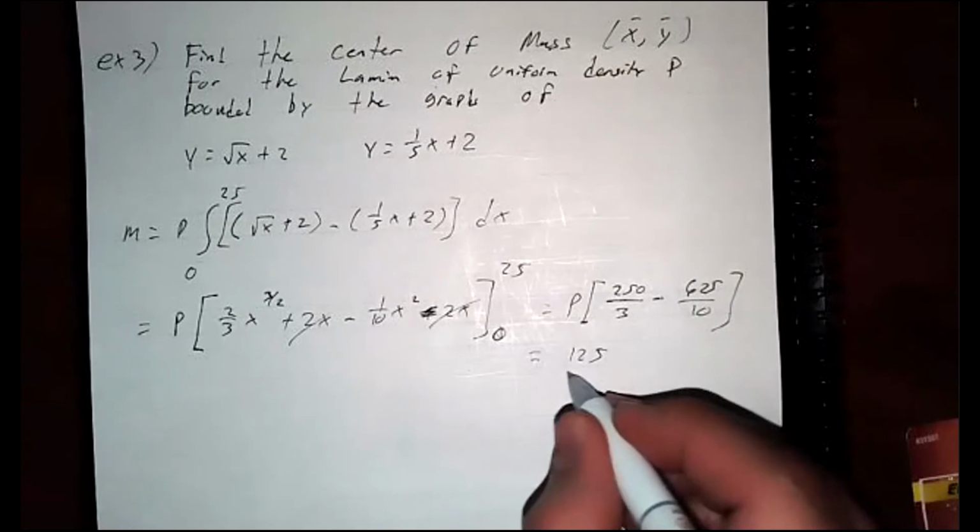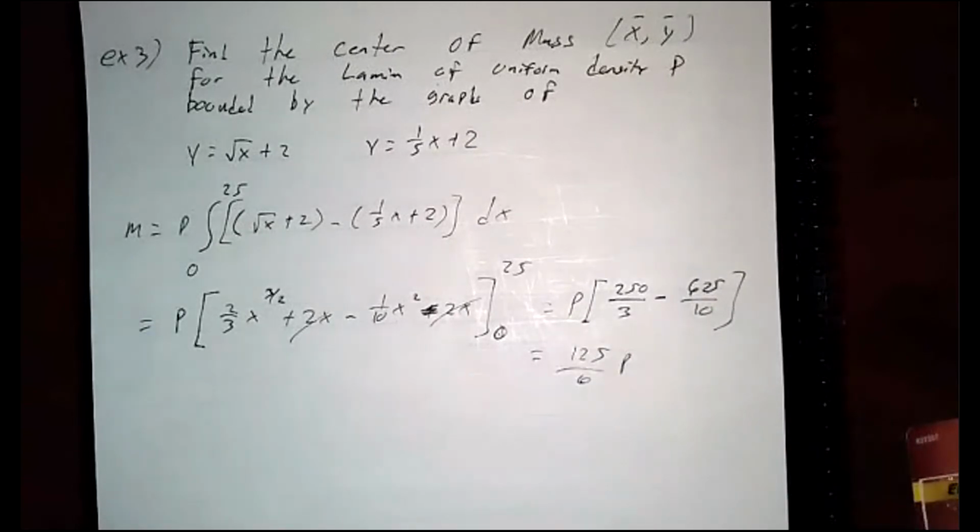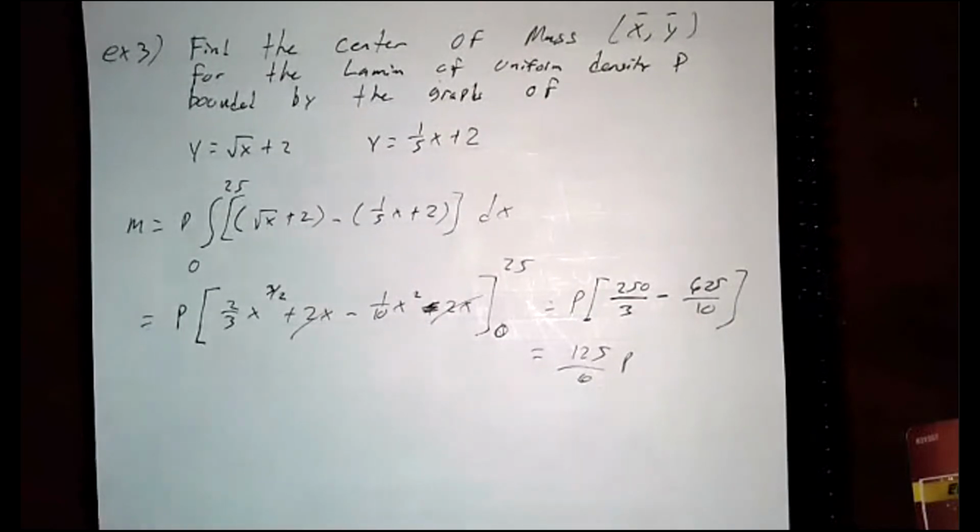Who cares? 125 over 6 P. That's what our mass is. So now we got to find the Mx and My. And you're going to see the P's are going to cancel when we start finding the x bar, y bar. But we got the total mass, which is good.